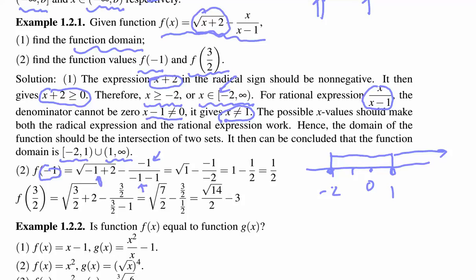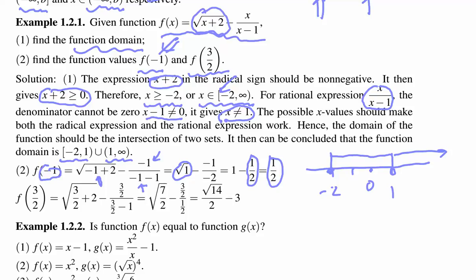Okay. -1 plus 2, you have a +1. And then -1 divided by -2 right here is +1/2. And then 1 minus 1/2, you have a final answer. So that's the solution for x equals -1.